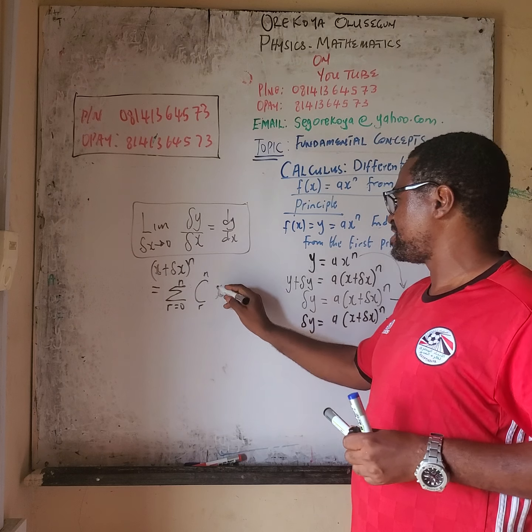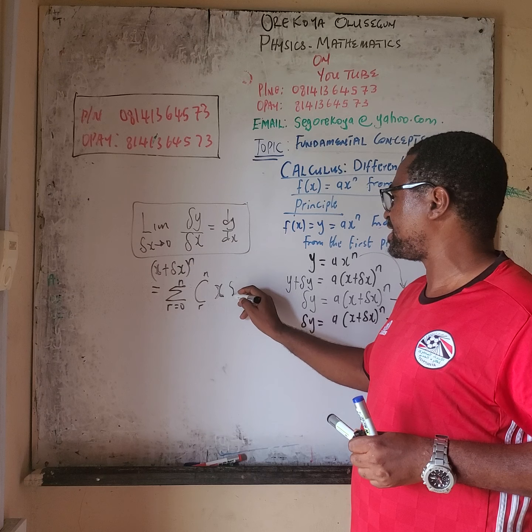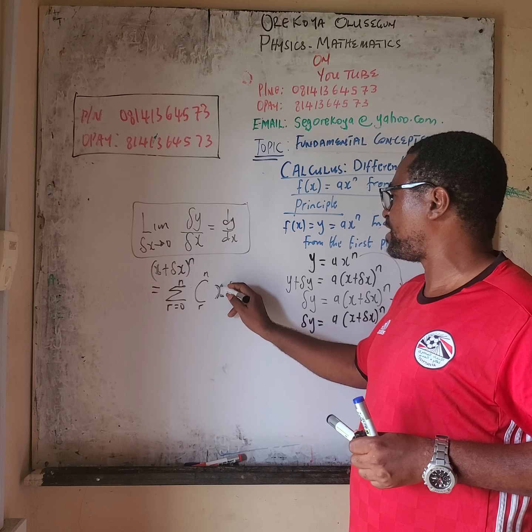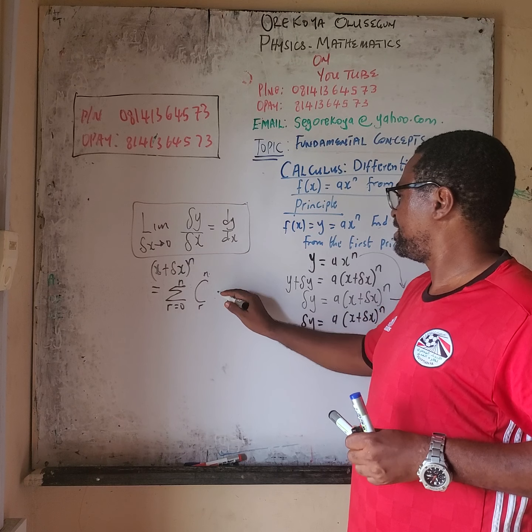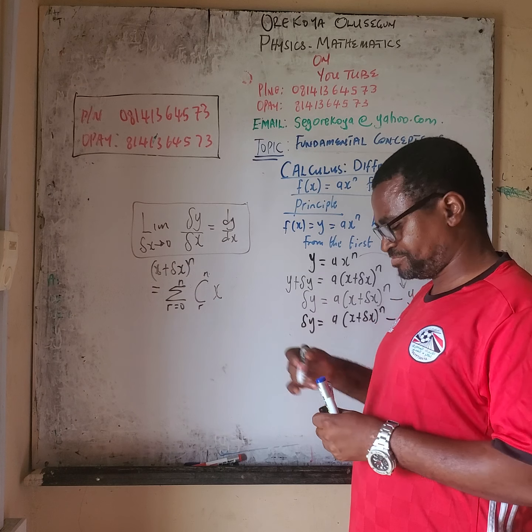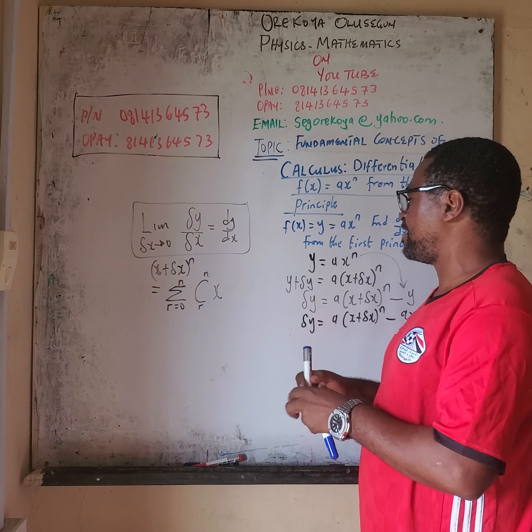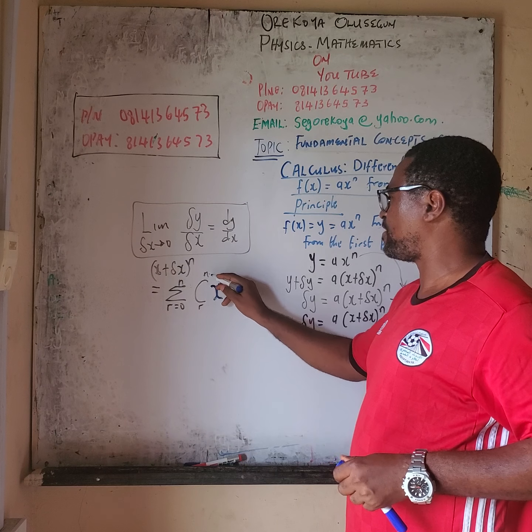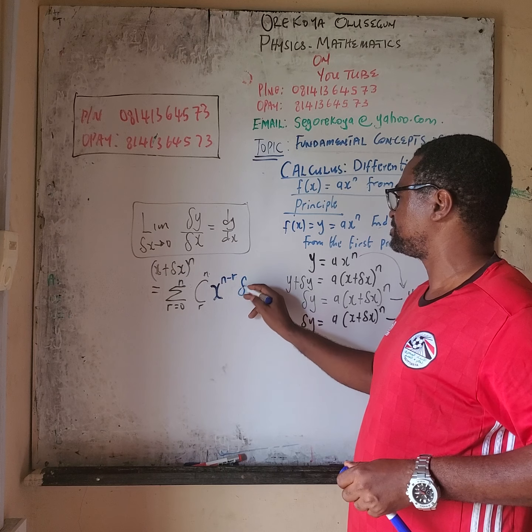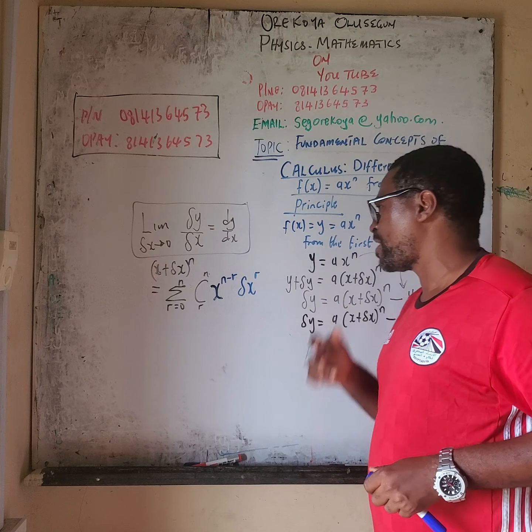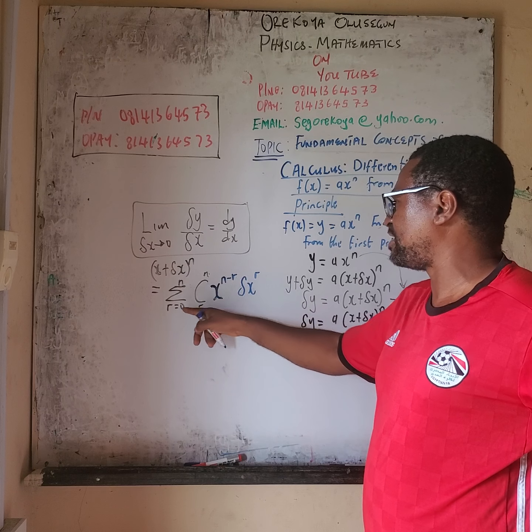Take note of this formula: x raised to power n minus r, times delta x raised to power r. This is a summation sign, meaning that the counting starts from 0.